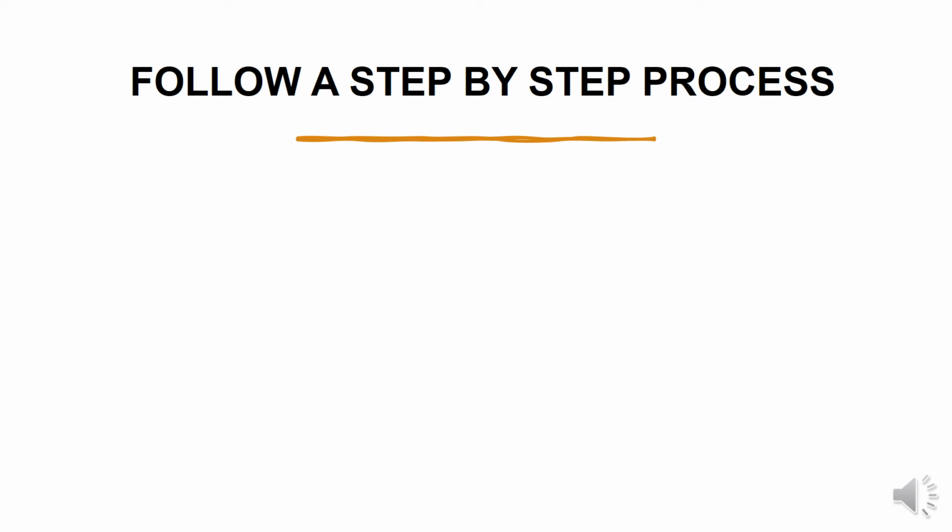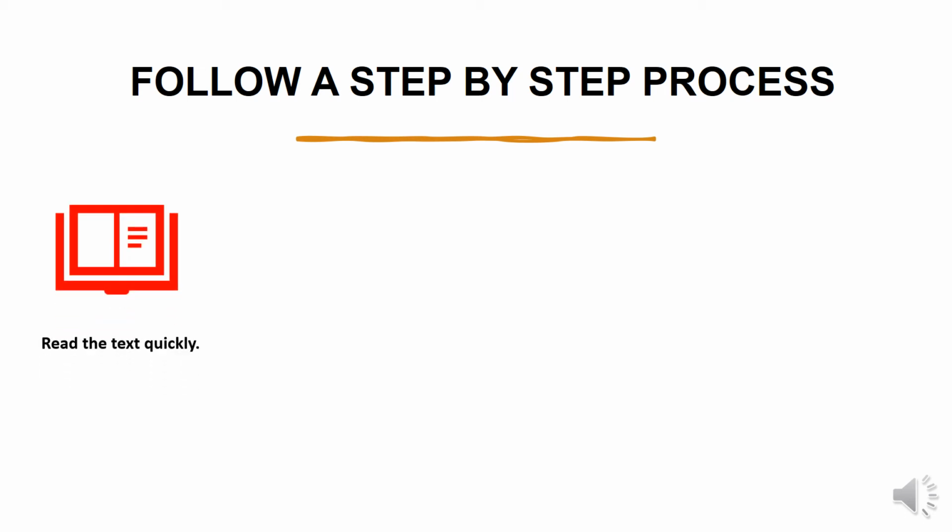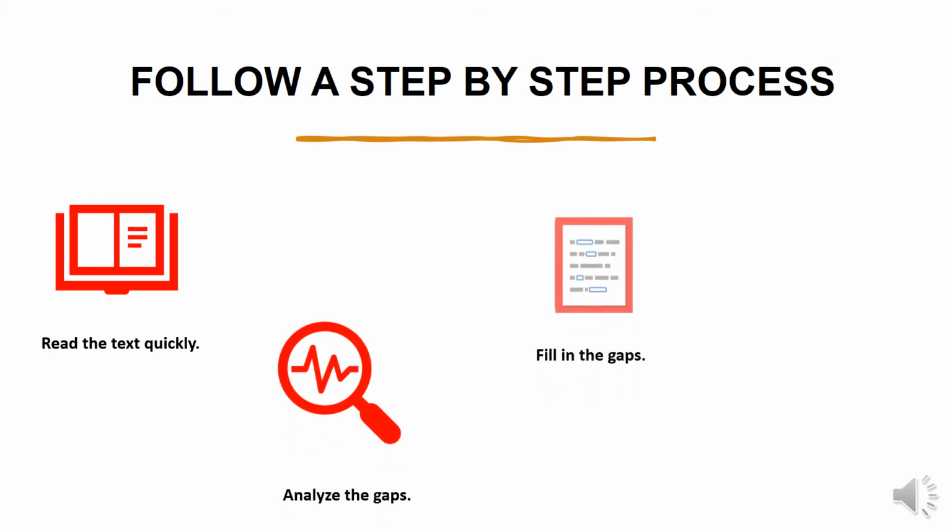In part 6, a step-by-step plan might look like this. Read the text quickly. Analyze the gaps. Fill in the gaps and then read the text again. With all of this in mind, let's check an example.